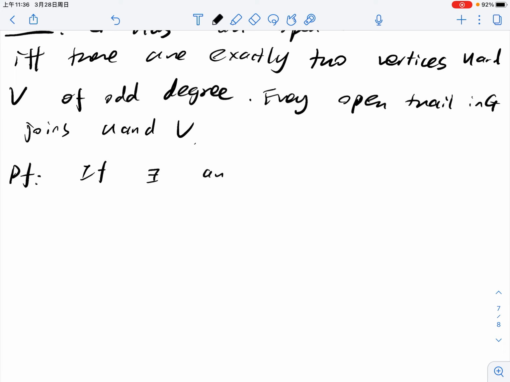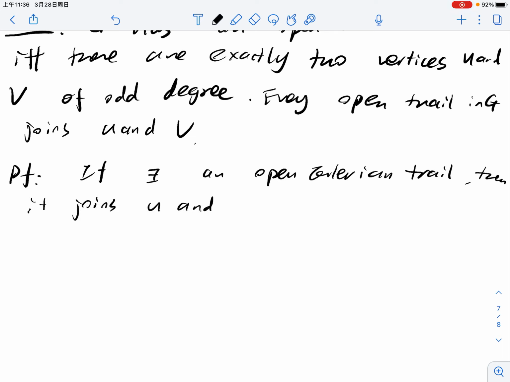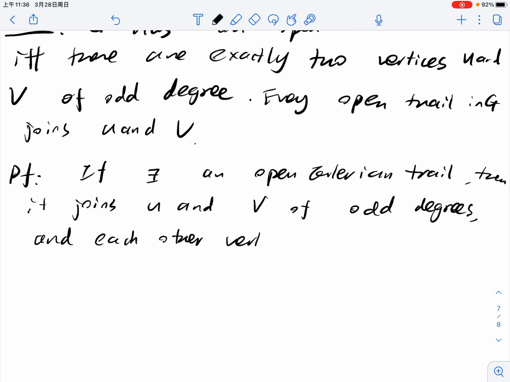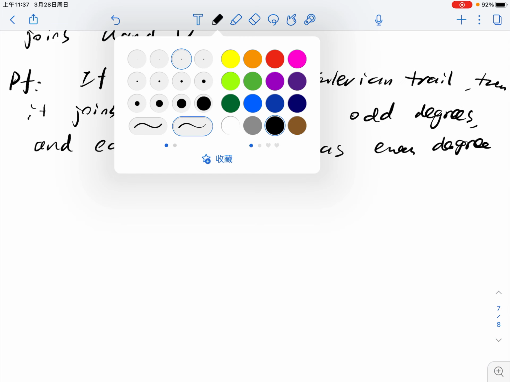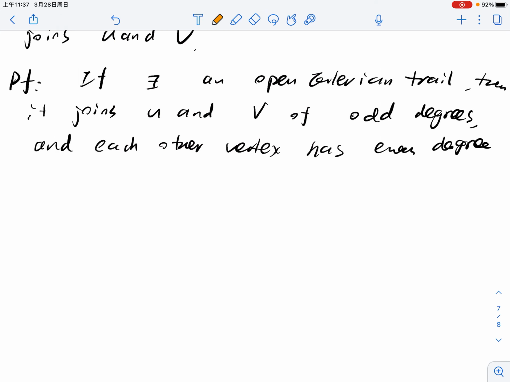If there's an open Eulerian trail, then it joins U and V of odd degrees, and each other vertex has even degree. So here actually U is different from V.